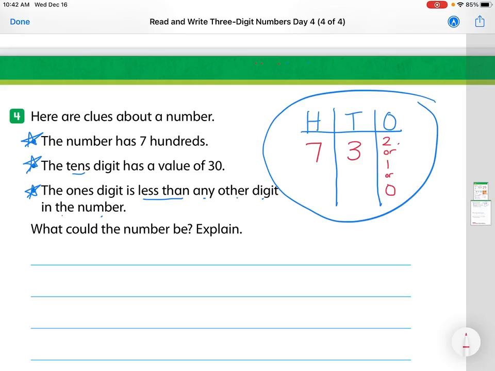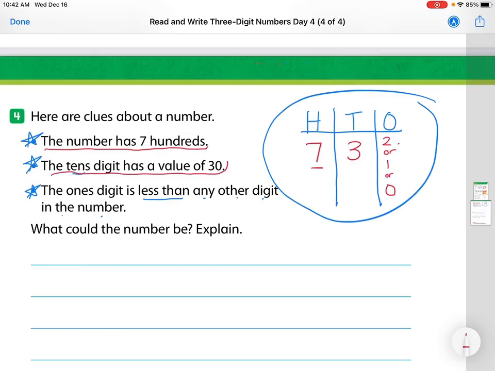Okay, I hope you have your chart all filled out now. And you might have noticed that I've got something really strange written over in the ones place, and I'll talk about that in just a second. But let's take a look at our clues. It says the number has 7 hundreds. Well, we knew to put our 7 right in the hundreds place there.